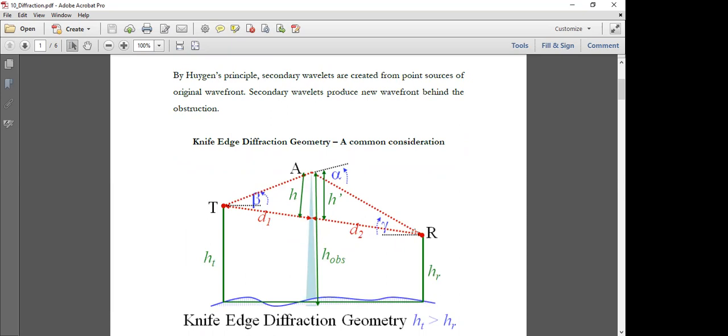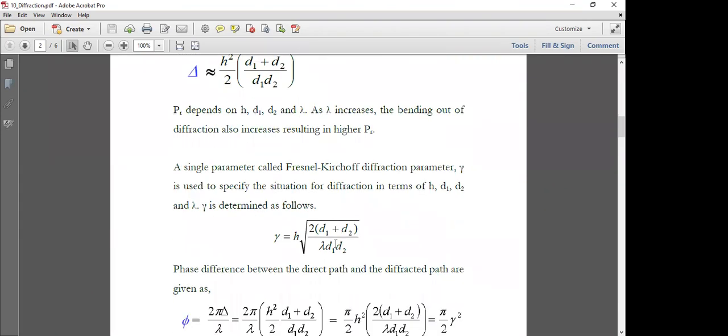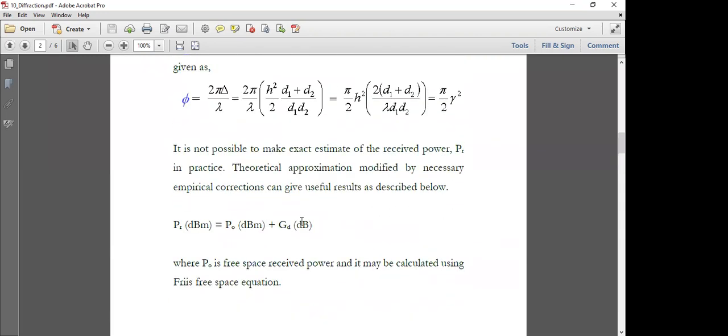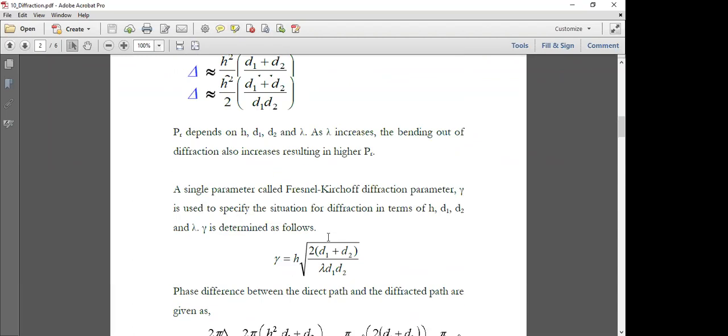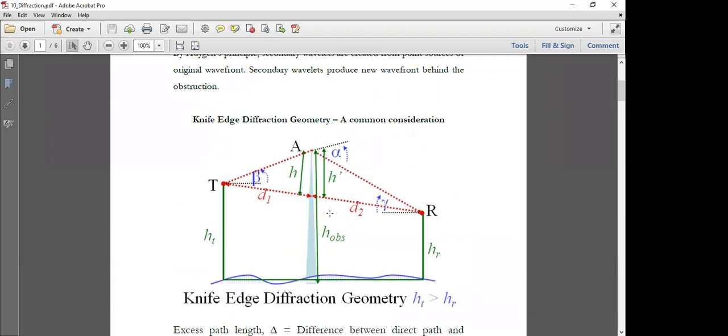We'll just have the power diffracted, and out of diffraction we'll get some power, which will definitely be much less than what you would get if you had a direct ray. So you calculate P naught and then add some negative value to find out what power you get when you have the obstacle.